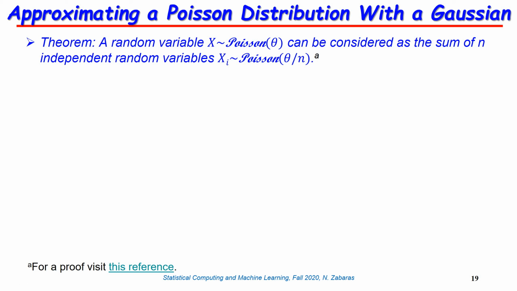It's not very difficult to prove, but let me repeat again. If x is a sample from a Poisson distribution, you can see that sample as the sum x1 plus x2 plus all the way up to xn, where x1, x2 up to xn are drawn from a Poisson distribution but with parameter theta over n.